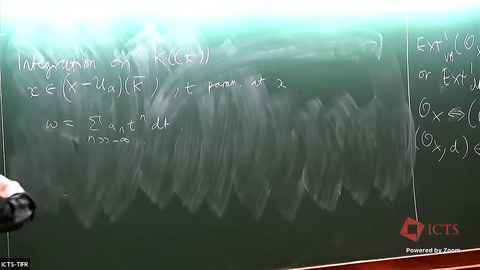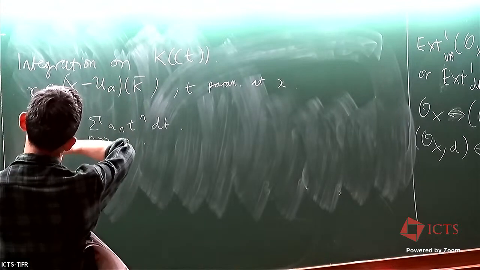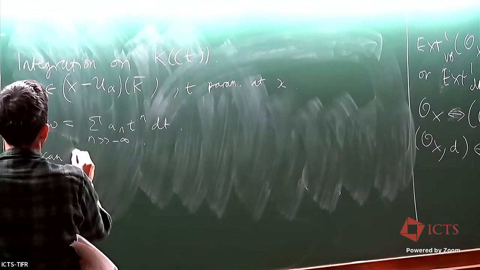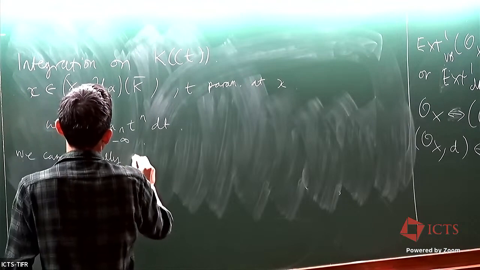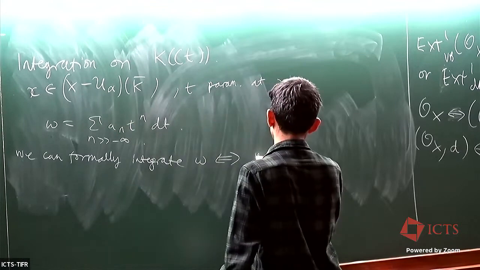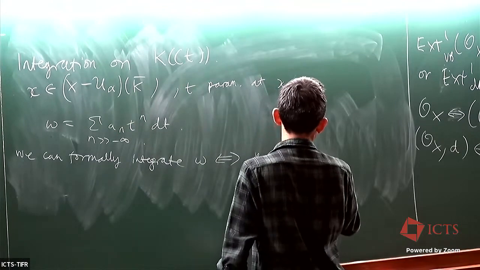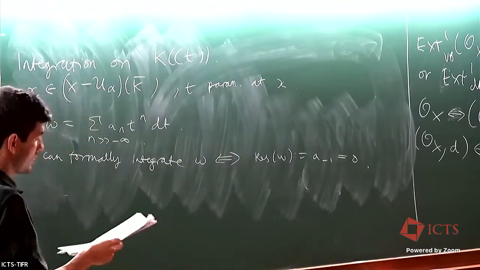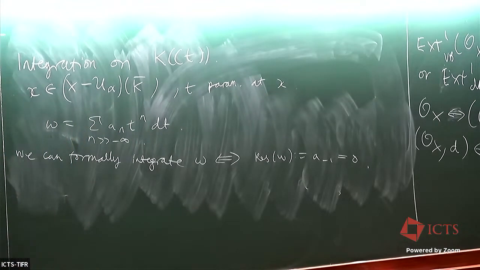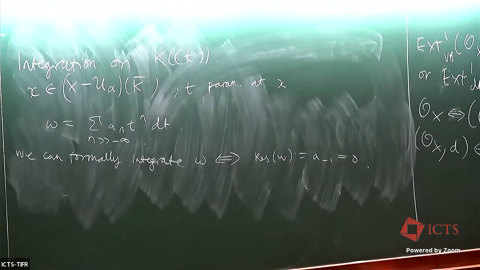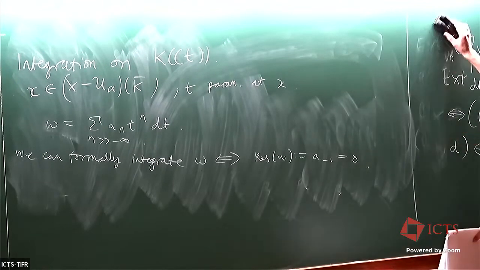And I claim that extending omega to x is the same as being able to formally integrate omega. And you can check you can formally integrate this power series if and only if the a-1 term vanishes. But maybe I can just say a little bit more about why this is the same.